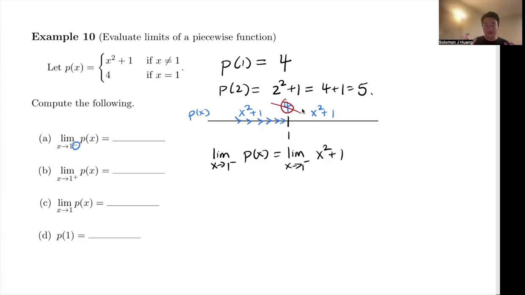Now we boil this problem down into a limit involving a function of one expression. So how do we evaluate a limit of this form? We just do a direct substitution. Just plug 1 into x squared plus 1, and that will give you 2. So the limit is equal to 2.